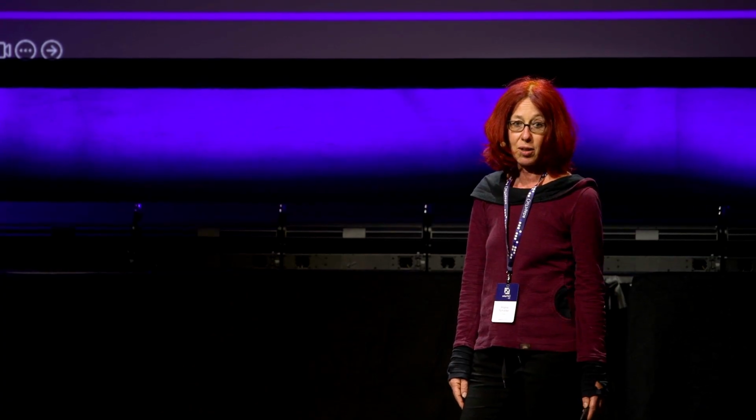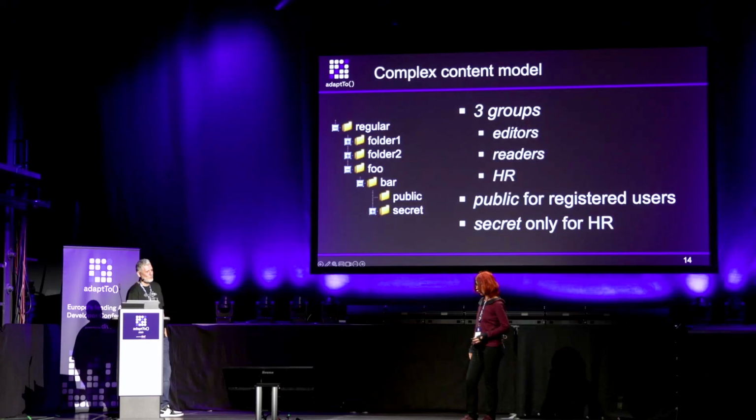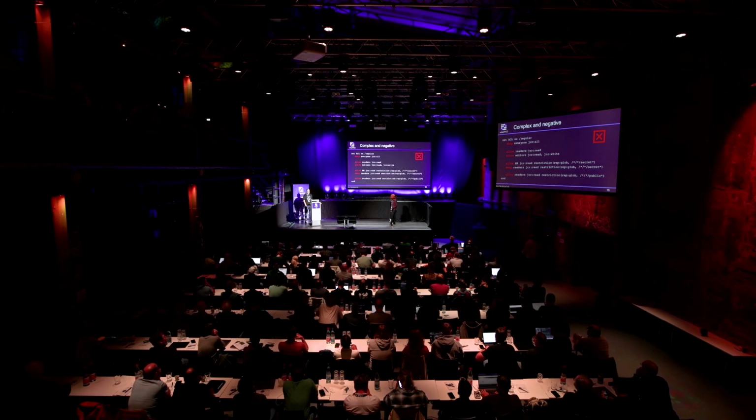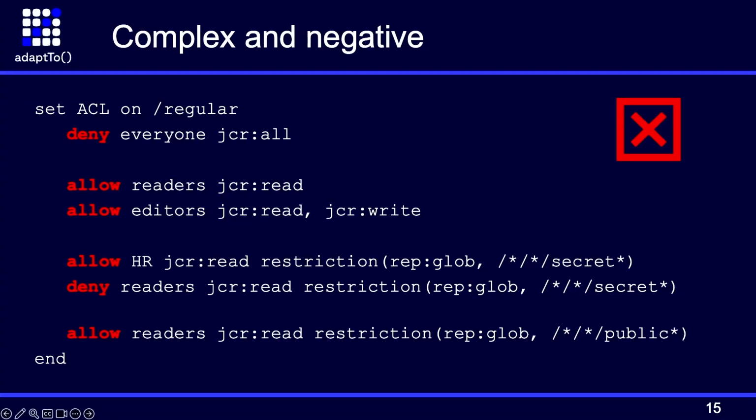So it gets infinitely more complex, but for the sake of the argument, we simplified it to illustrate what we actually mean by simplifying it. So this is the access control setup we made up for this complex folder structure, which looks pretty simple.